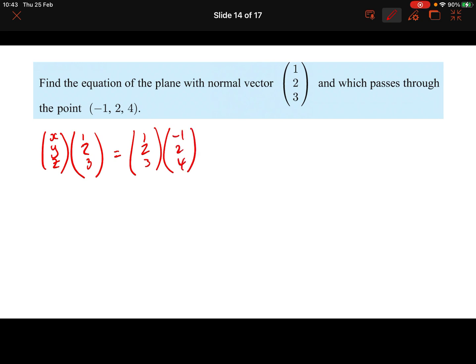So using dot products, we get x plus 2y plus 3z equals negative 1 plus 4 plus 12. So x plus 2y plus 3z is equal to 15. And that is the Cartesian equation of that plane.